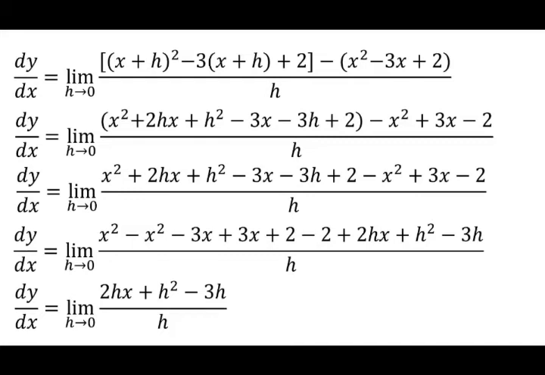Square of binomial ulit. Yun nga lang, dahil may 3, i-multiply nyo pa sa 3. After nyo ma-square yung binomial, pag trinomial na siya, saka nyo siya i-times sa 3. Okay? Tapos, i-distribute yung negative 2. Ayan.